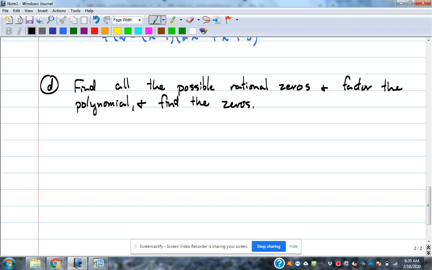Okay. So for a polynomial, let's take 2x cubed plus 11x squared minus 7x minus 6. That's our polynomial that we're going to break down. The possible rational zeros. Y'all remember doing the P over Q list, where you had the factors of 6 and the factors of 2.